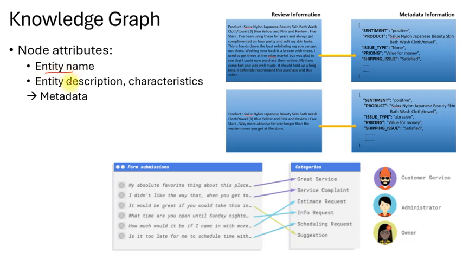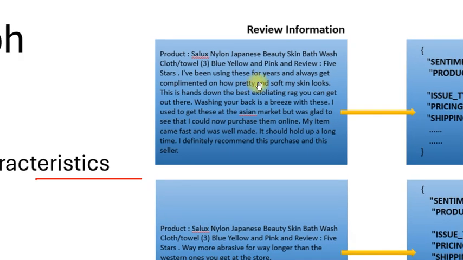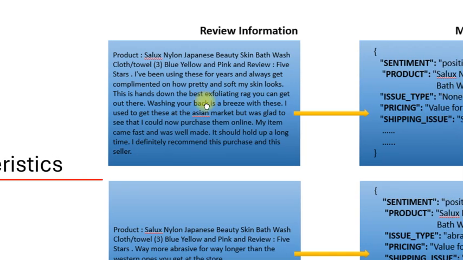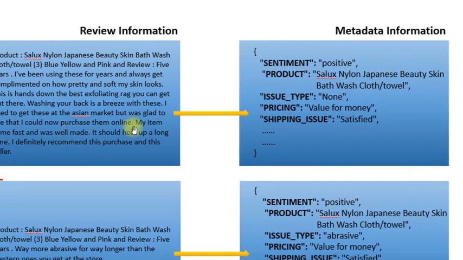Such attributes as the entity name, entity description, and characteristics of the entity, we call metadata. For example, say someone puts a product review, and it's quite long. We can apply named entity recognition or other functions to add metadata, such as sentiment analysis saying this sentiment is positive.